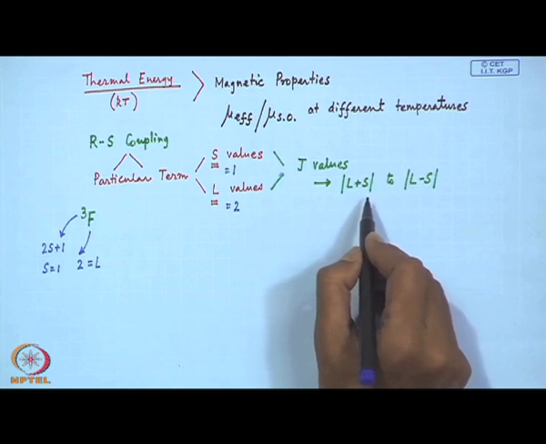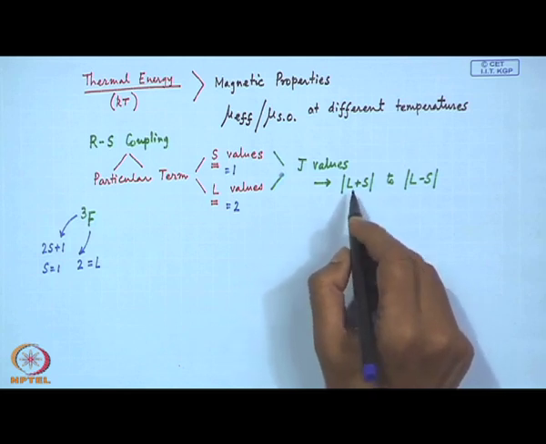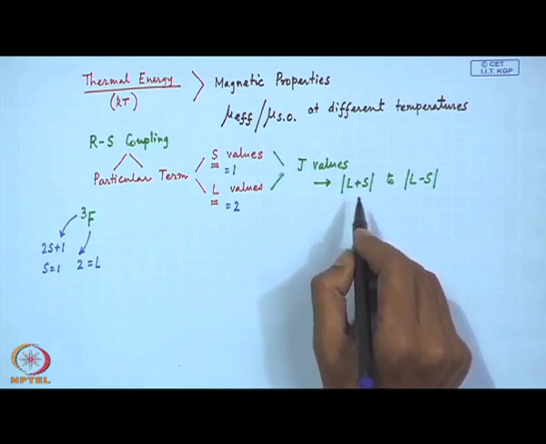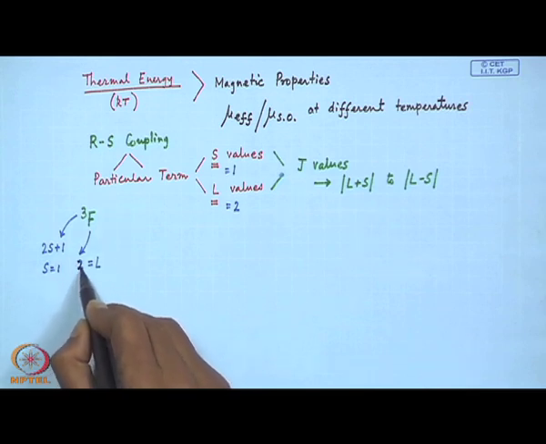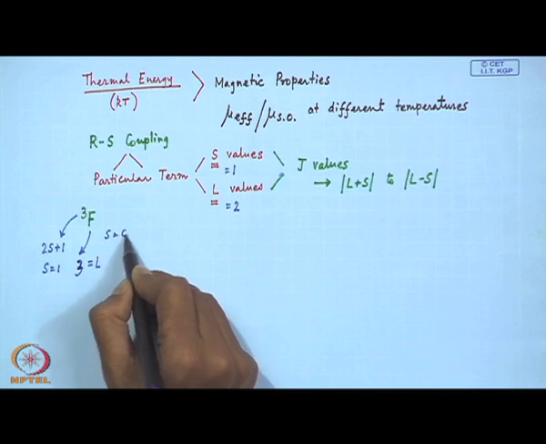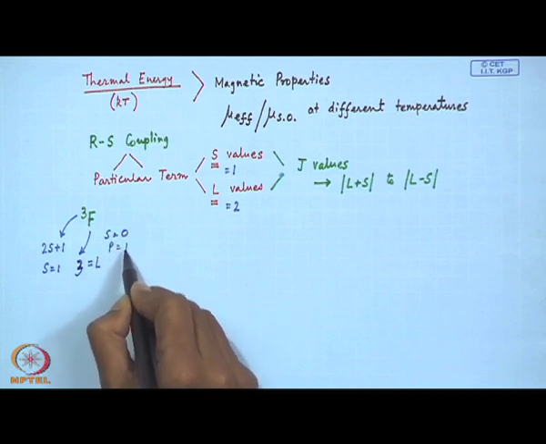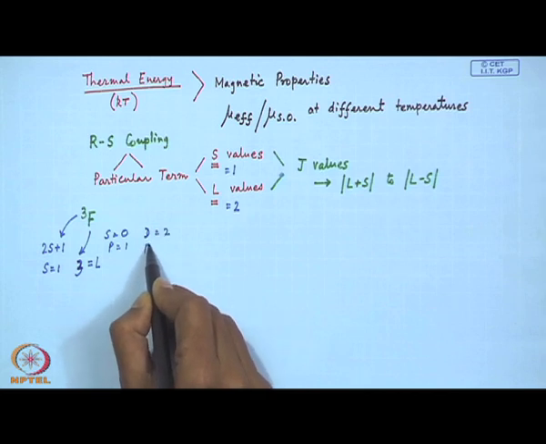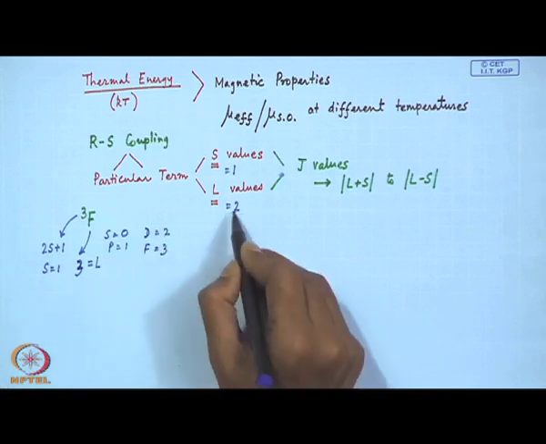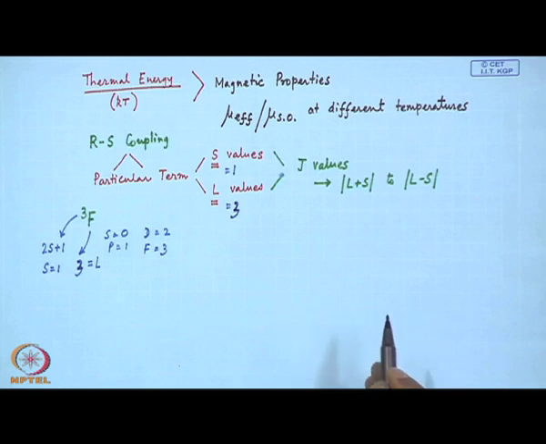So, for L plus S, S is equal to 0, P is equal to 1, D is equal to 2, F is equal to 3. So L is 3 and S is 1.